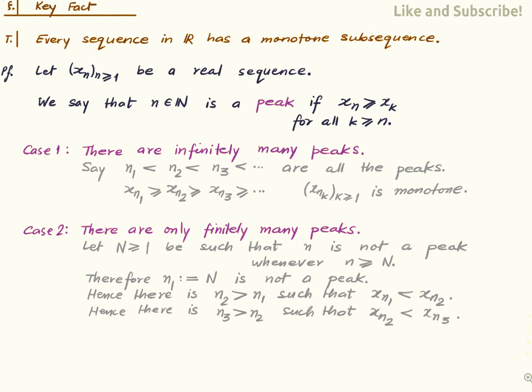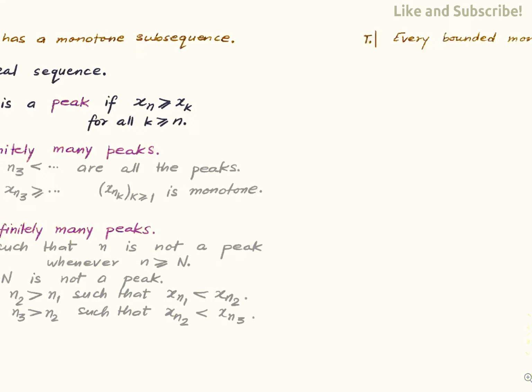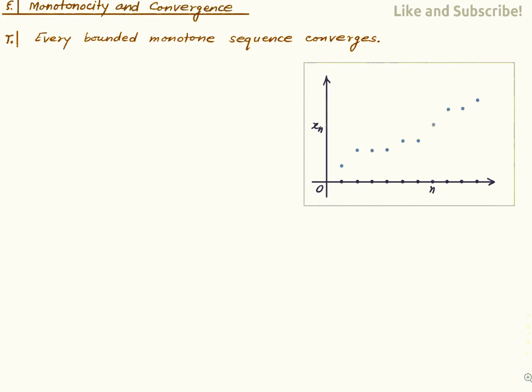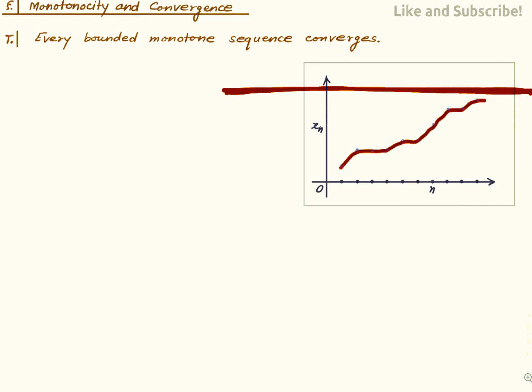And let us continue. So now we will show an independent fact, independent of the previous proposition, that every bounded monotone sequence is a convergent sequence. And this should be intuitively obvious. Suppose we have a bounded monotone sequence. So first of all, its graphical representation will look something like this, but there is a ceiling which it cannot cross because it is a bounded sequence.